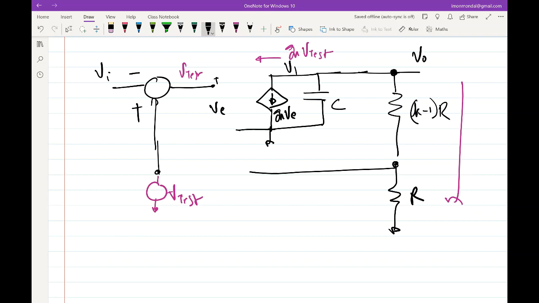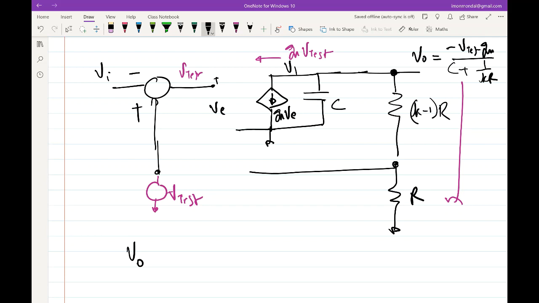So if I take this loading into account, then what is V naught? V naught is minus V test into GM by the conductance. The conductance is SC plus 1 by KR, right?